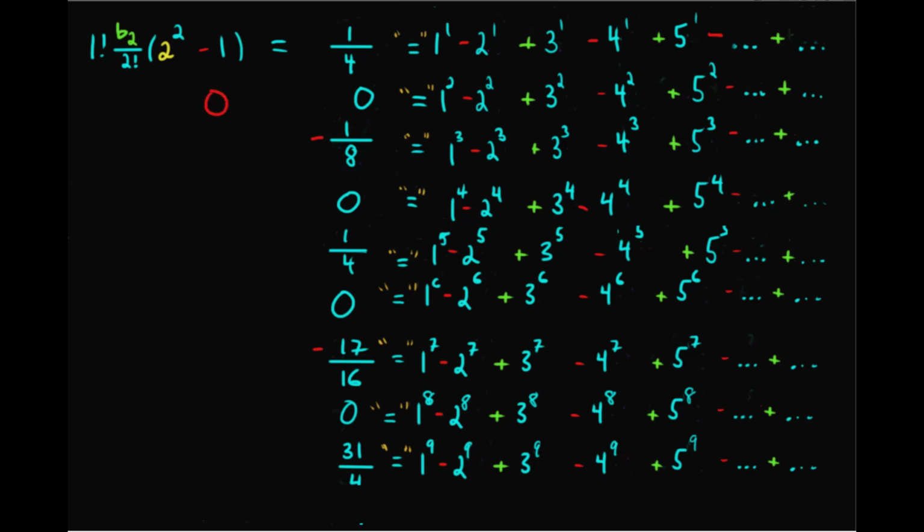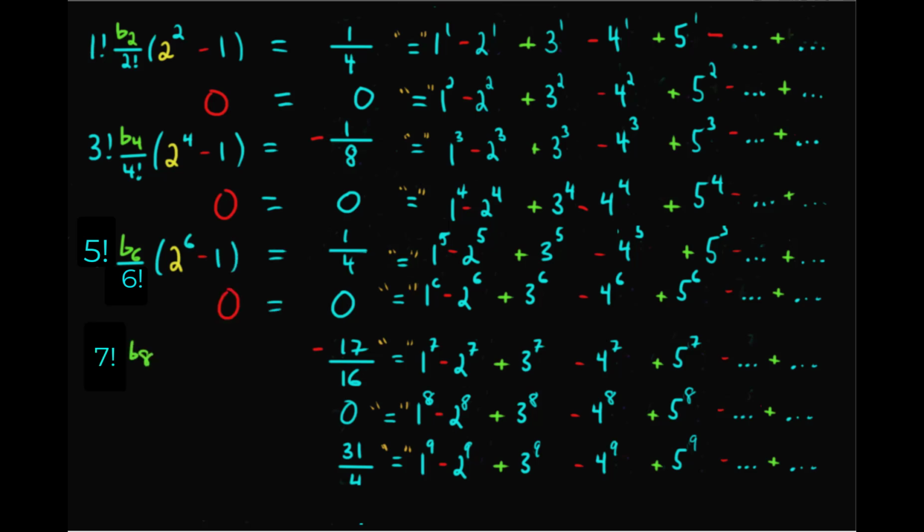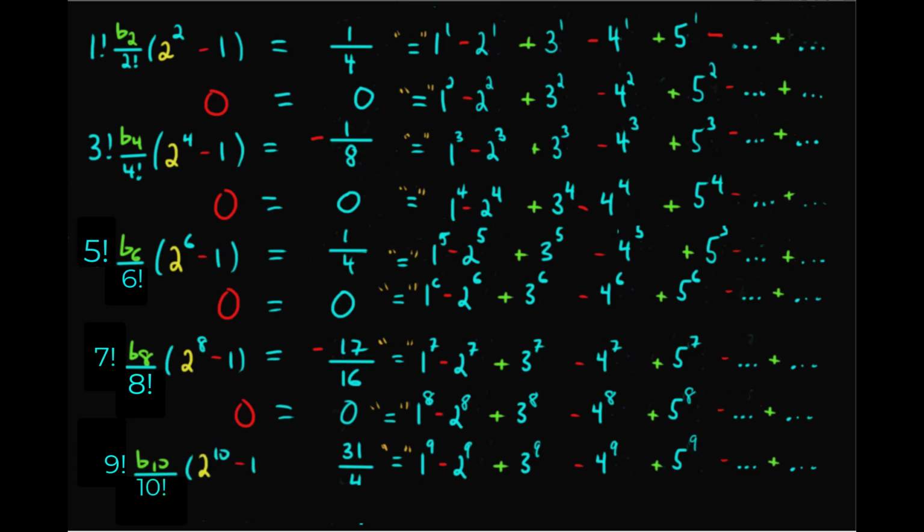And the one after that, 1 cubed minus 2 cubed plus 3 cubed minus 4 cubed, etc., was assigned a value of negative 1/8, which by our formula is found to equal 3 factorial times b sub 4 over 4 factorial times 2 to the 4th minus 1, and so on. So the pattern continues, and we're able to assign to all of the divergent series of this form a generalized sum, which can be expressed in terms of a formula involving the Bernoulli numbers.